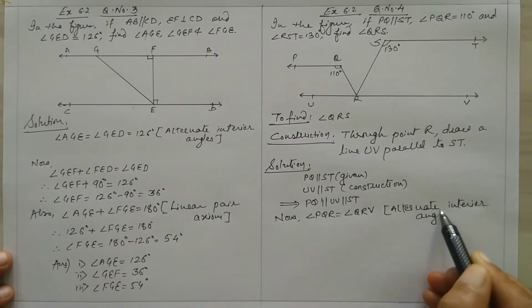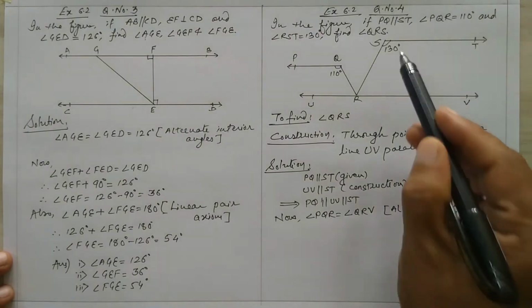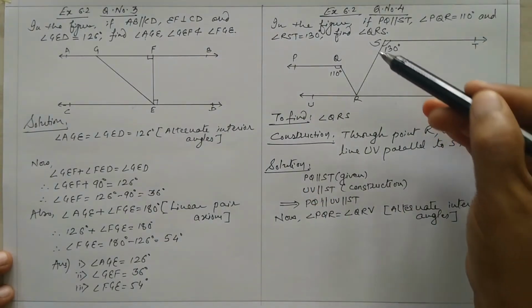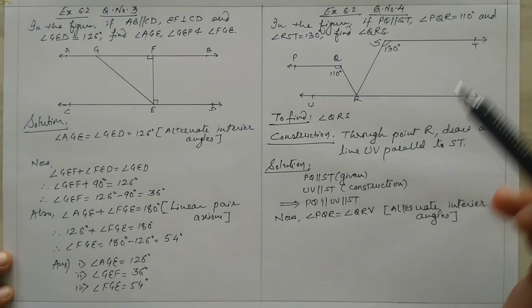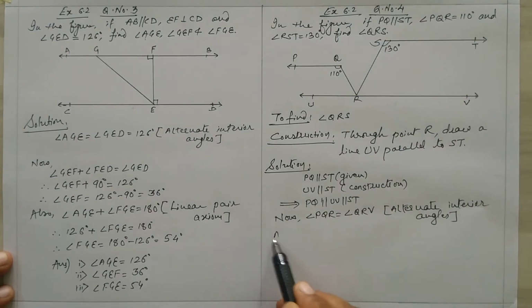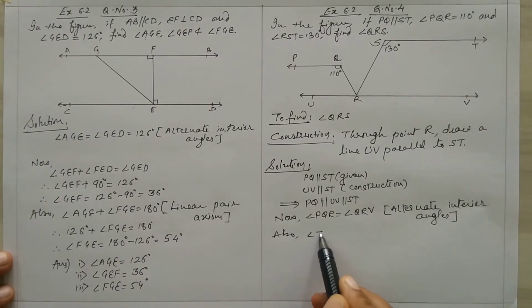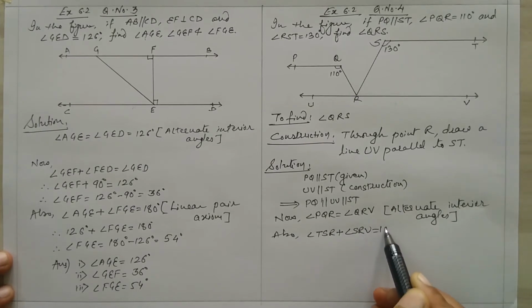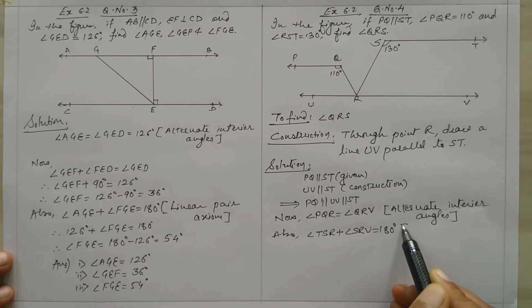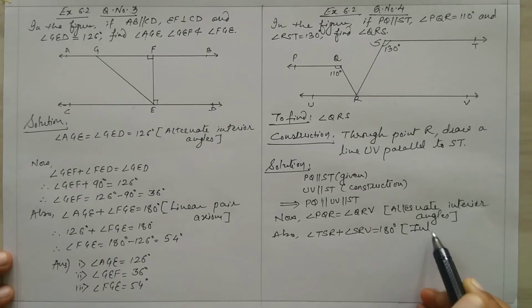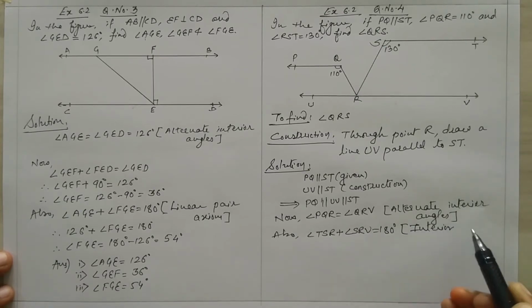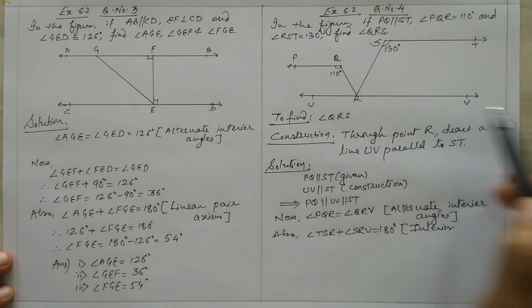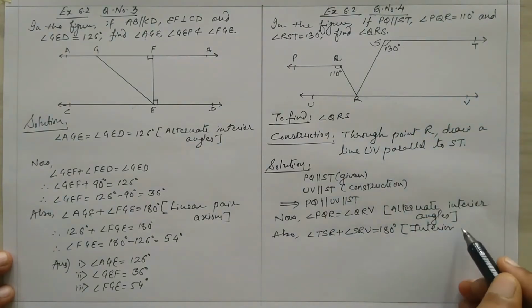Now ST is parallel to UV and you consider SR as a transversal. Therefore also angle TSR plus angle SRV is equal to 180 degrees. Reason: interior angles formed when ST is parallel to UV and SR is a transversal.